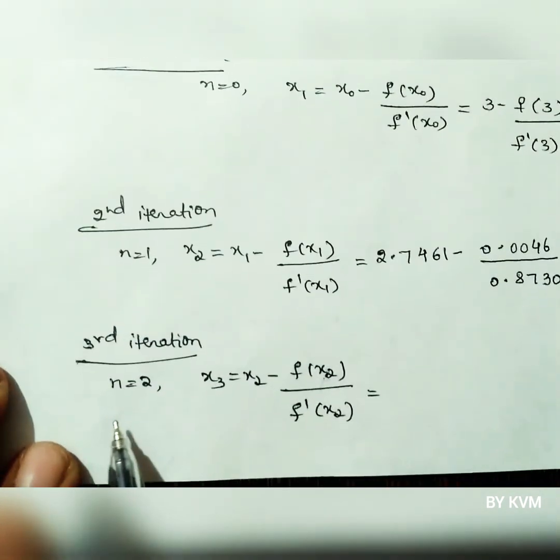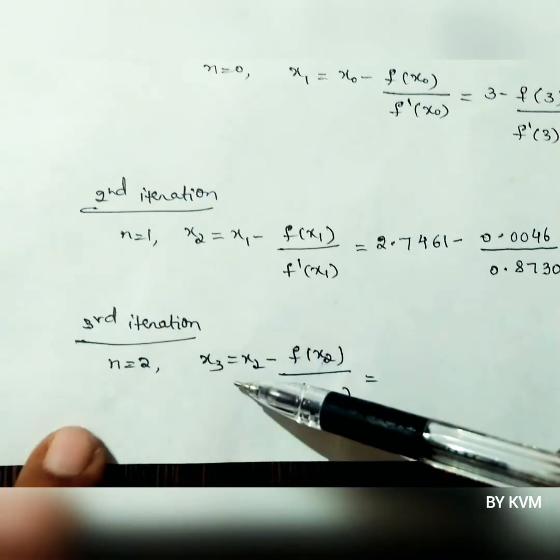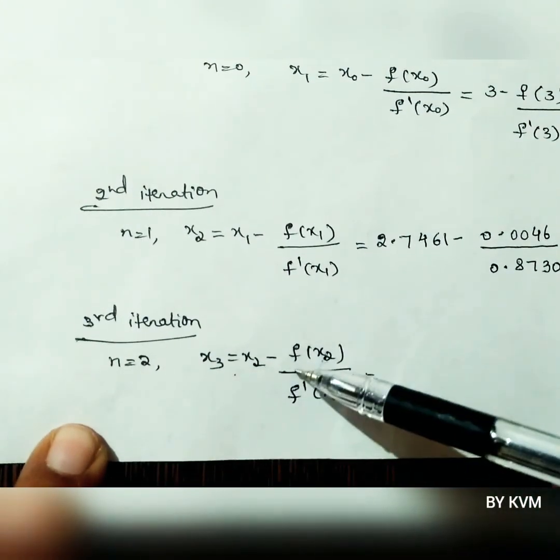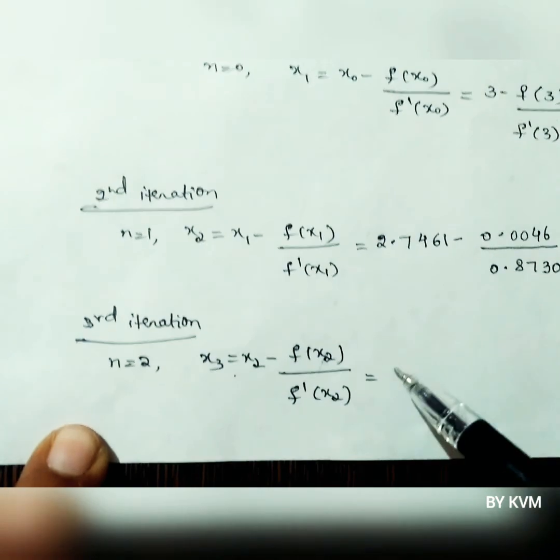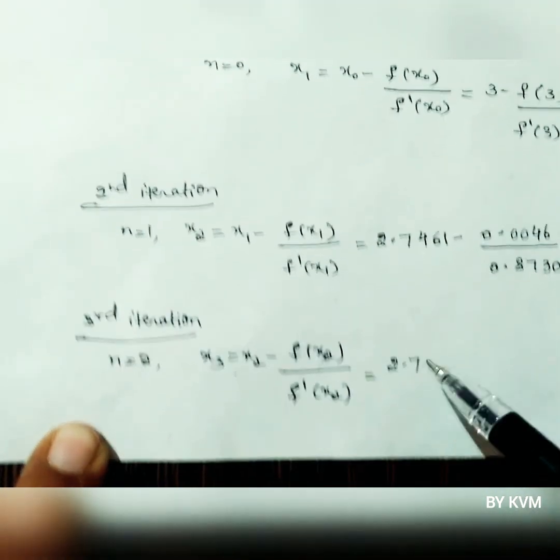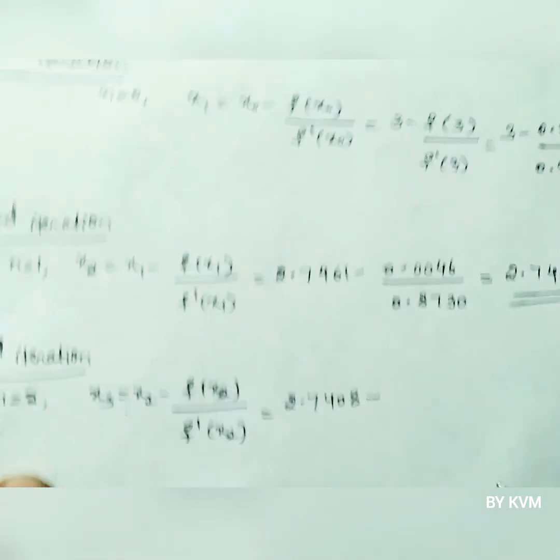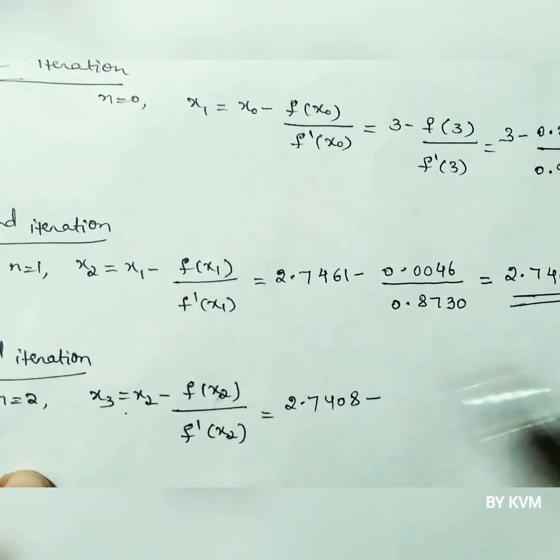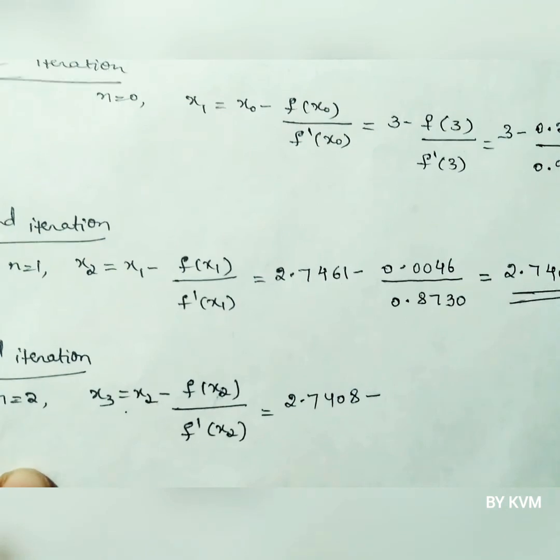Third iteration, take n equals 2, the formula becomes x3 equals x2 minus f of x2 by f dash of x2. So x2 is 2.7408 minus f of x2. F of x2 means f of 2.7408.